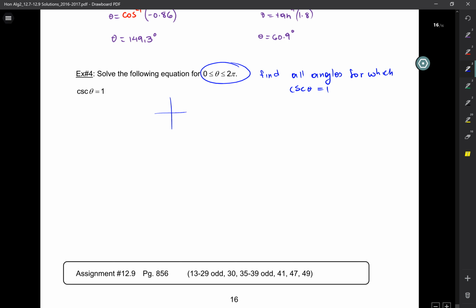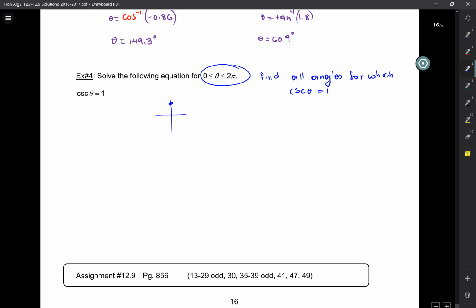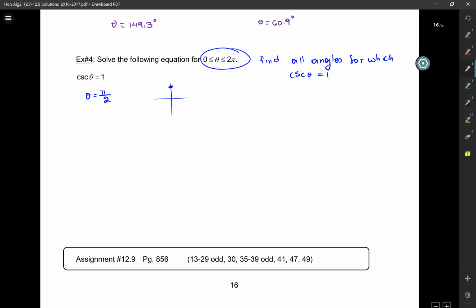So what I want is a location where I have a high y value. So it's 90 degrees, right? Since I want it in radians, theta is equal to pi over 2. Are there any others? No. So that's it.